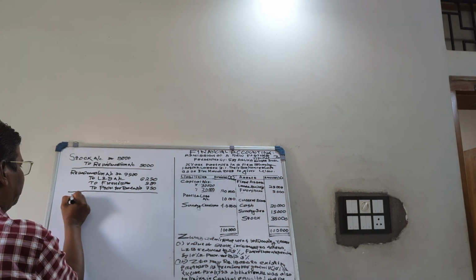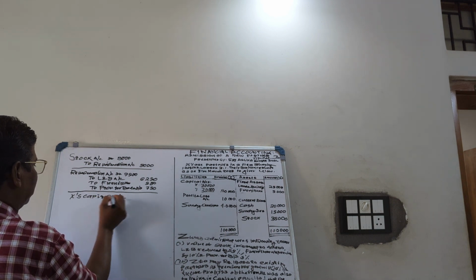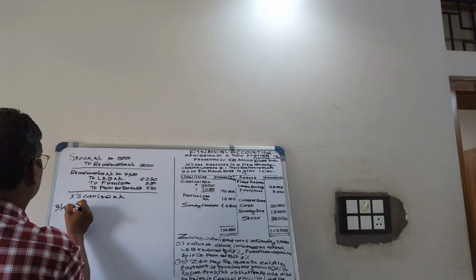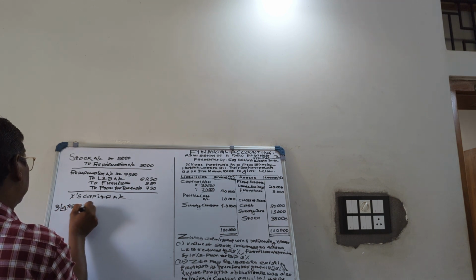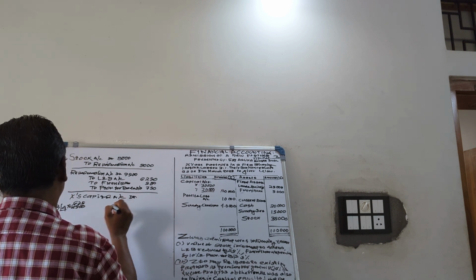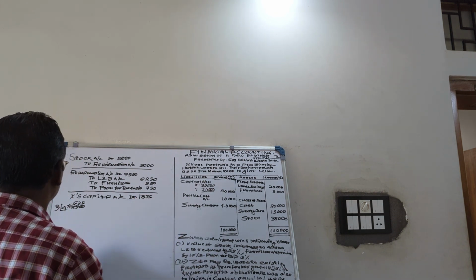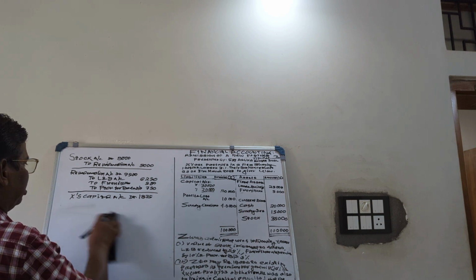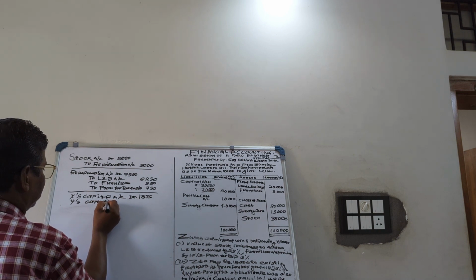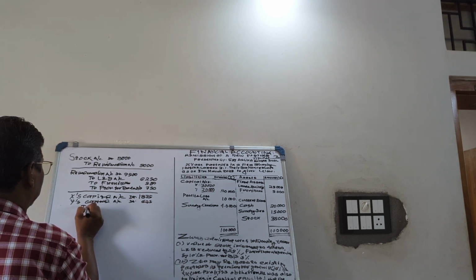So we will debit X's capital account with its share of loss, that is 3/4 of 2,500, which is 1,875. Y's capital account is debited 625, to revaluation account.